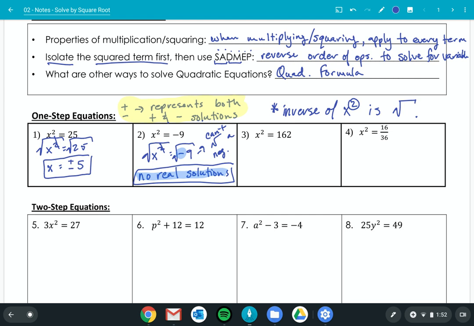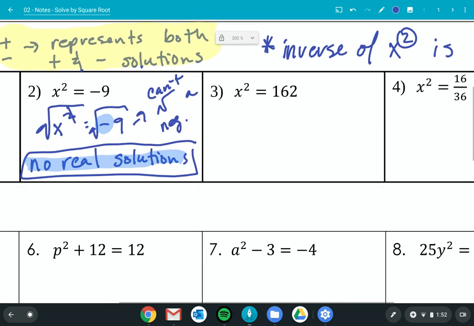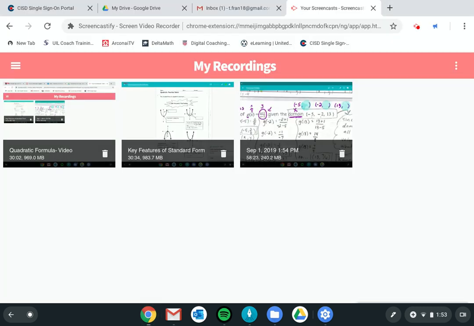So for number 3, same thing. Let's just go ahead and talk about it. I'm going to zoom in a little bit. I've got x squared equals 162. Square rooting both sides. Now, a nice thing to always ask yourself is, is the square root of this number a perfect square? A great way to check that is just type it into a calculator.